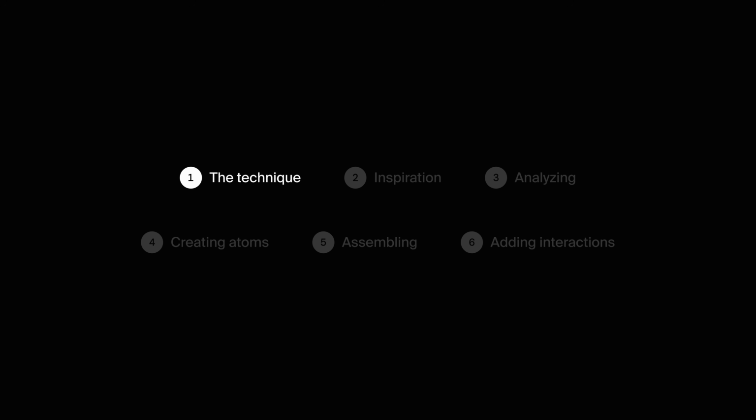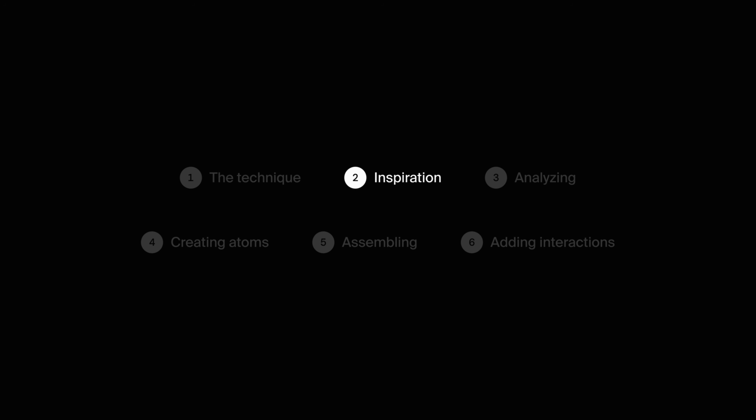And let's get started. So first of all, what is this atomic animation technique? Well, I think you already kind of know what it is because I told you what we're going to do in this video. But basically, we are going to be creating an animation where we're not trying to build the whole large animation at first, but we are going to identify smaller parts, little atoms, that we can create as individual components with different variants.